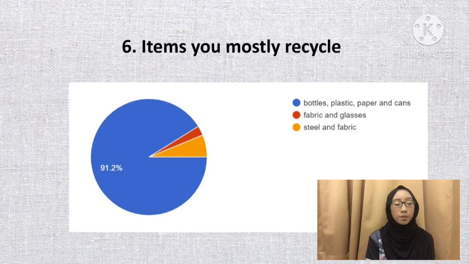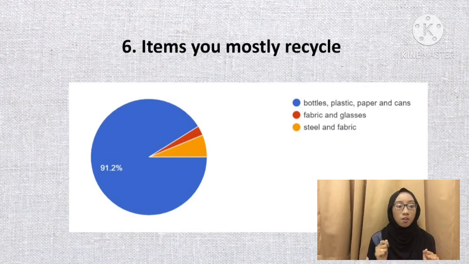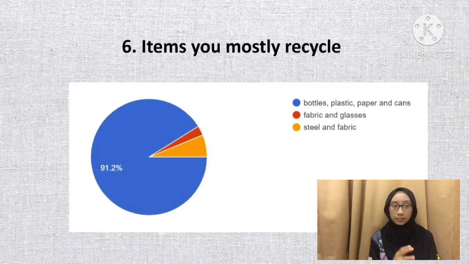Next, question number 6 is the item you mostly recycle. 91.2% of students choose bottles, plastic, paper and cans, 61% choose steel and fabric, and 2.7% choose fabric and glasses.